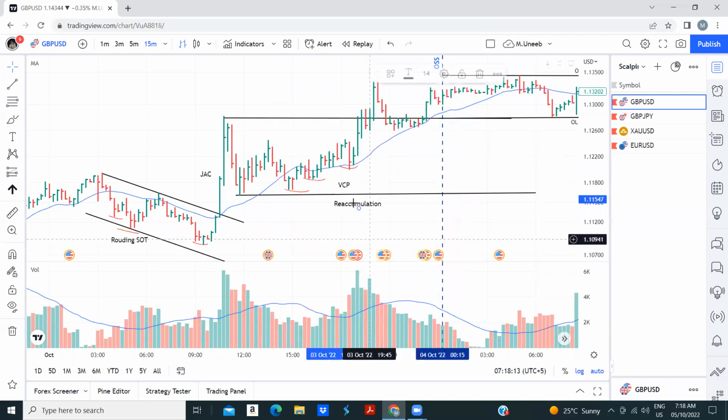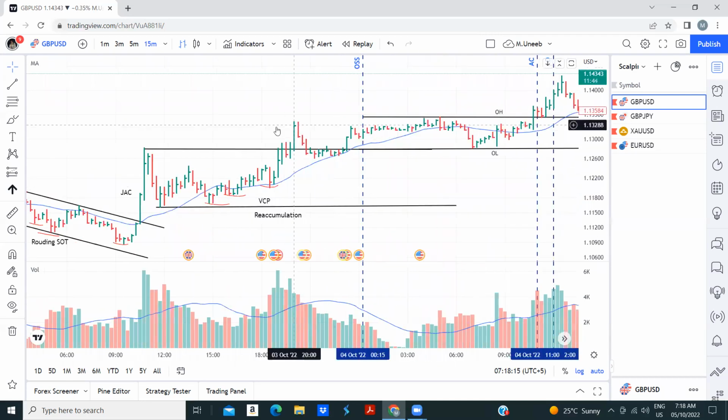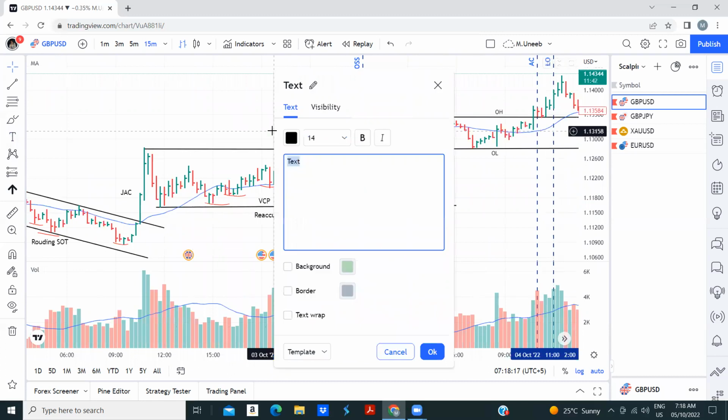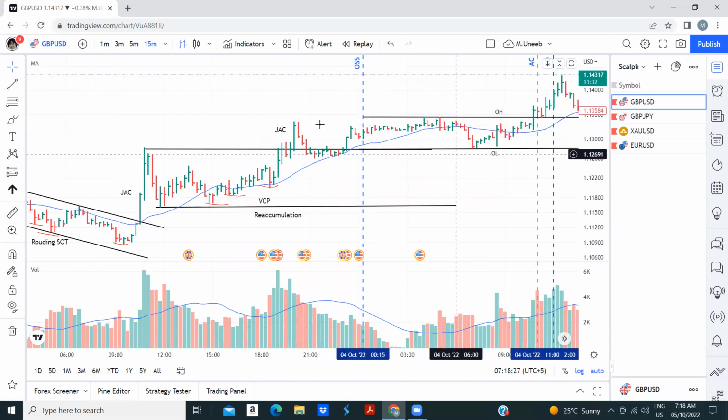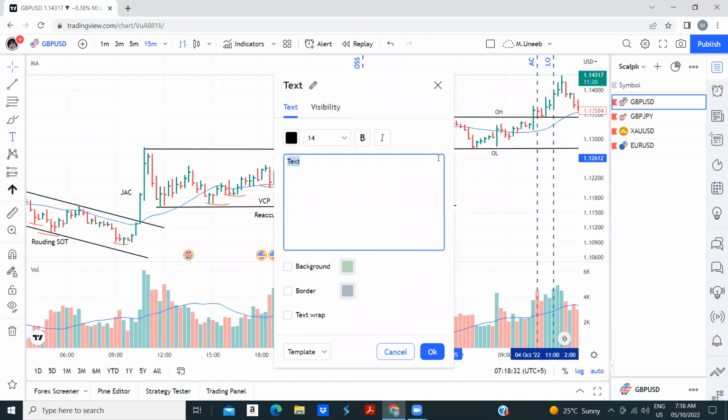This is reaccumulation, and of course this one is JAC. This one is again jump across the creek. And after the jump across the creek, what do we have again? This is again reaccumulation. This whole overnight range is also reaccumulation.